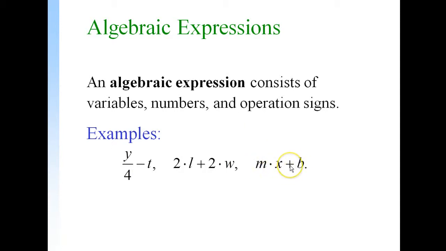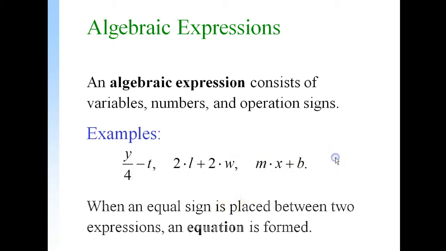We'll be doing that in chapter 2. But these are all expressions. Now, if we have an equation sign in there somewhere, for instance, if we said that that expression equals that expression, then this is an equation.